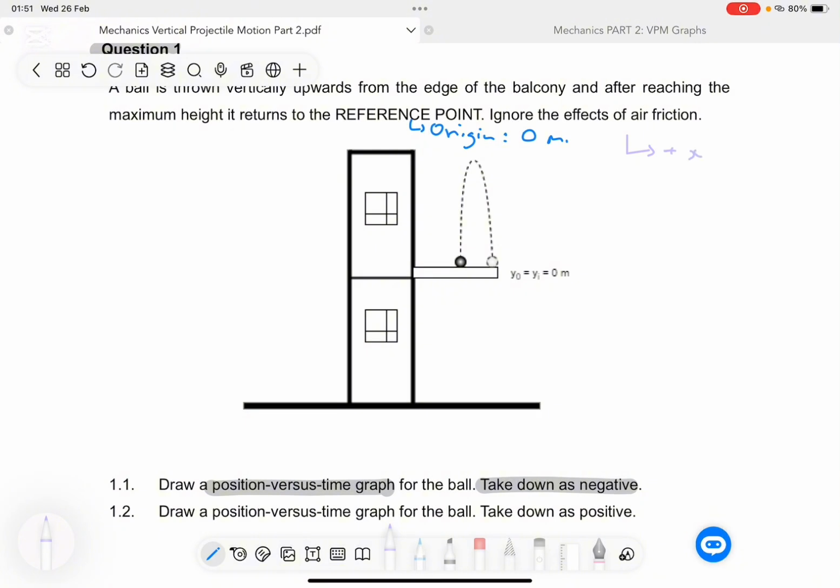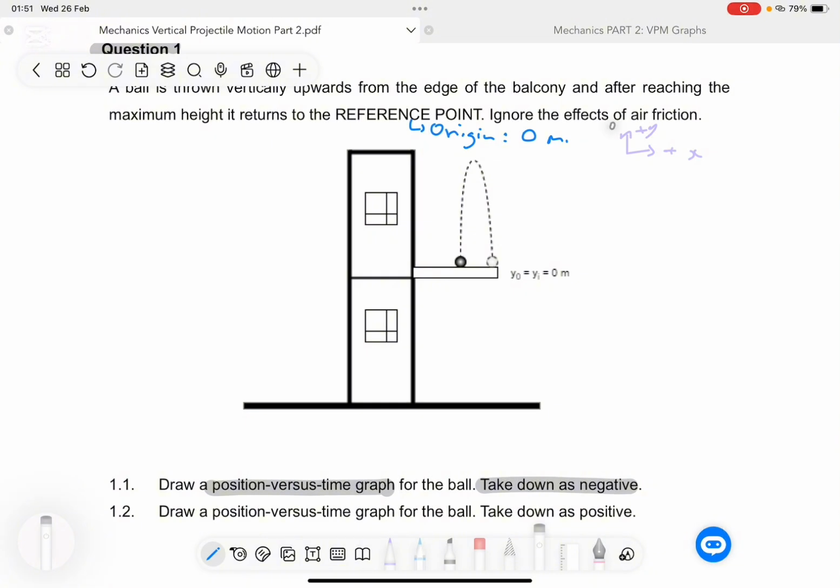I'm saying that vectors that go in the upward direction will be positive and vectors that go in the downward direction will be negative because we're taking down as negative.